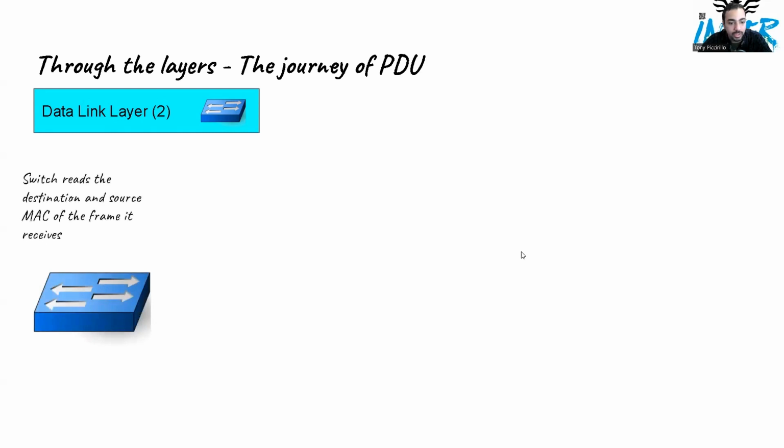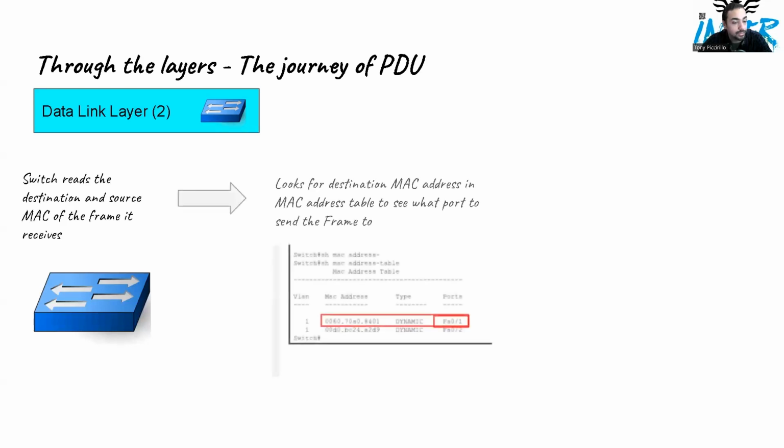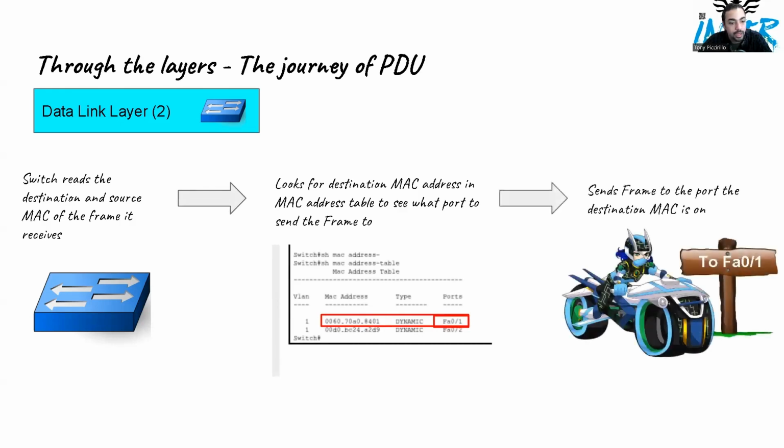So the switch receives our layer 2 frame and reads the destination and source MAC address from the data link header. The switch then reads its MAC address table to see what port has the destination MAC address assigned. The switch then sends the frame to the switch port the destination MAC address is on, which here is FA0/1.